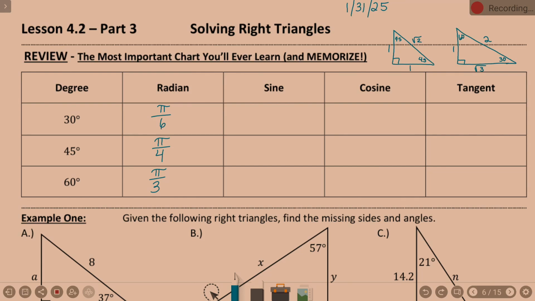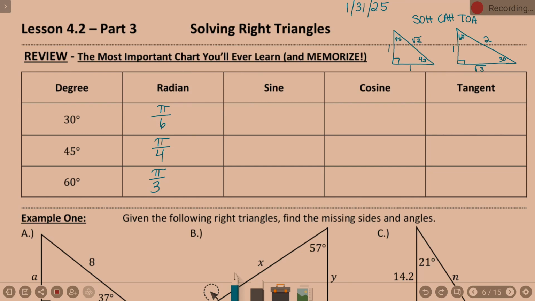And what's our phrase you need to probably know? SOHCAHTOA. You know those two triangles. You know SOHCAHTOA. You can do this. What is the sine of 30 degrees?